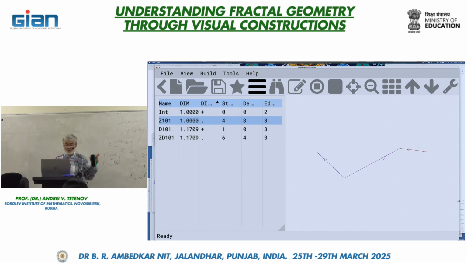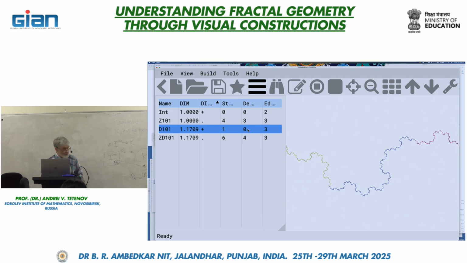Yes, and we need to see arrows. So it is a very good auxiliary construction, which helps us. And let us look at the attractor. You see? So this is the attractor.